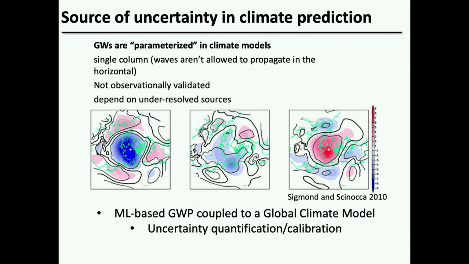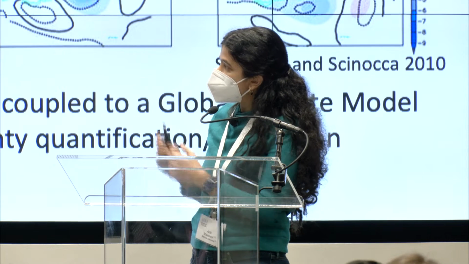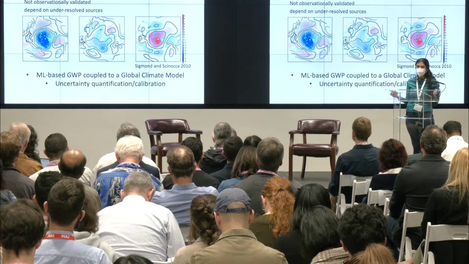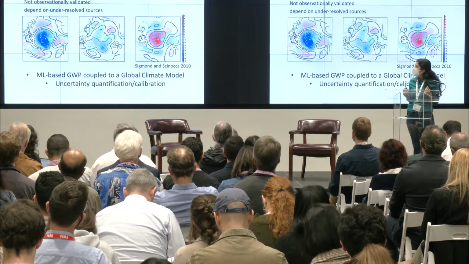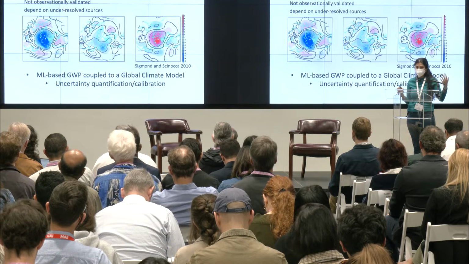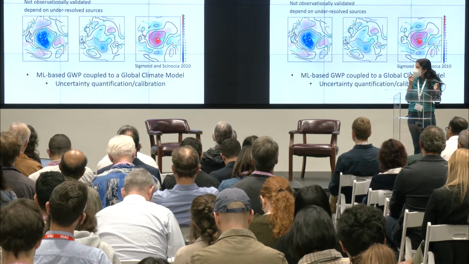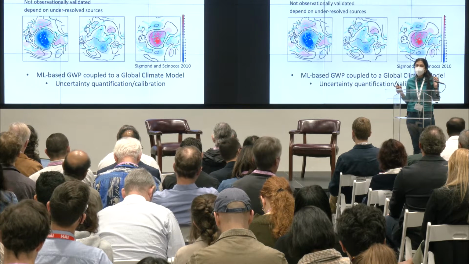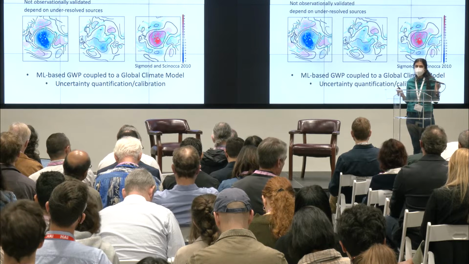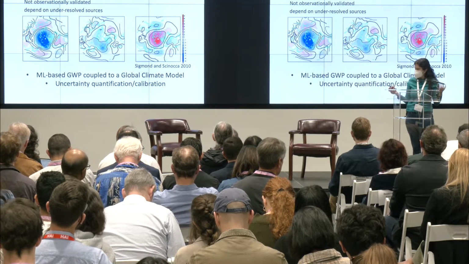And if I had a pointer, I would show you here. What I'm showing you on the left and the center is two different integrations of the same climate model with an increased CO2 kind of a climate, with the only difference being one parameter associated with this atmospheric gravity wave approximation.